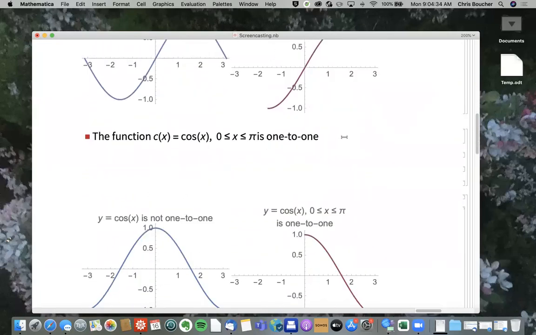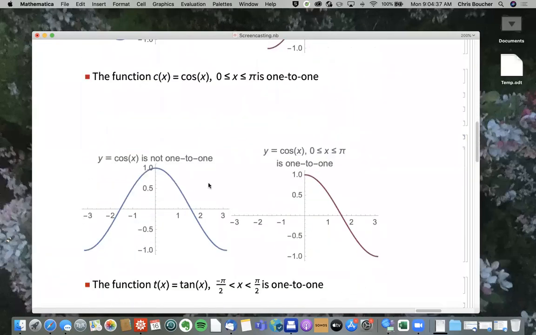Okay, so quickly, let's do the same thing to the cosine function. So here is a piece of the cosine function over on the left, the blue curve. Again, definitely not one-to-one. You can easily draw a horizontal line that hits it more than once. So we'll restrict its domain to just the input interval from 0 to pi. So I only allow inputs between 0, which is here, and pi, of course, is a little bit more than 3.